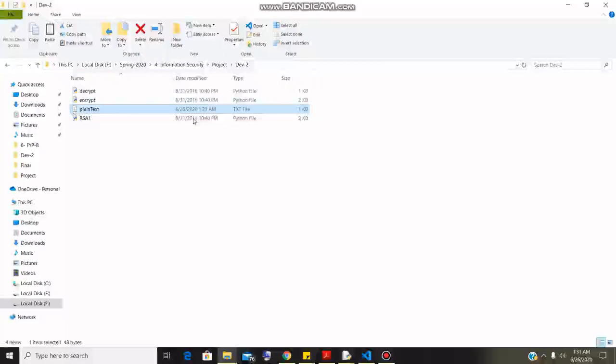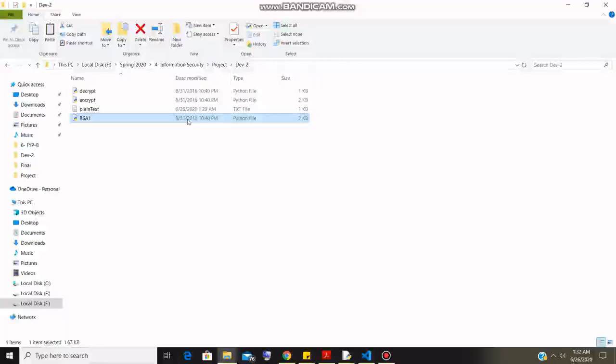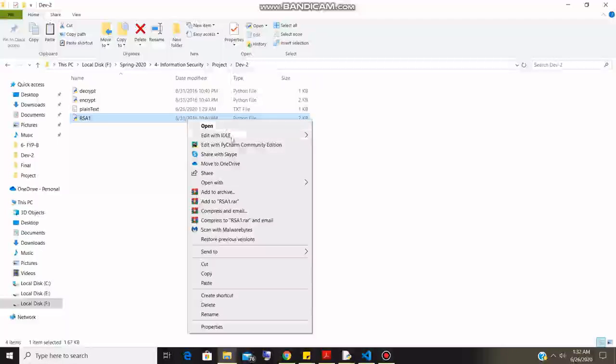So here we have four files basically. In the first one we would perform the RSA algorithm on our plain text, and then we would encrypt our text, and then we would decrypt our text by using the same algorithm that we discussed here. So now let's continue with RSA.